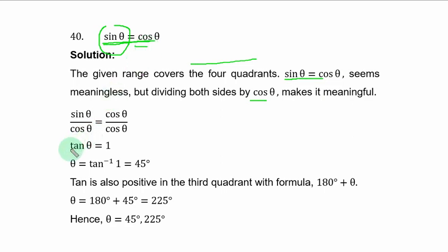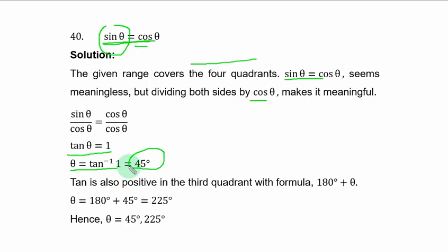So you have it in this form. To get theta, you take the inverse of tangent of both sides. So theta is equal to inverse of tangent of 1, and that is 45 degrees. This value is in the first quadrant.